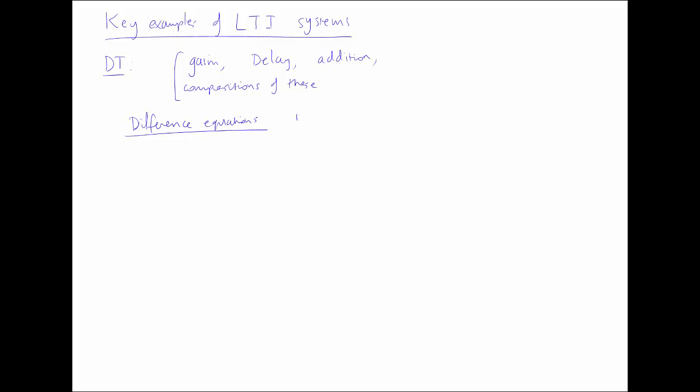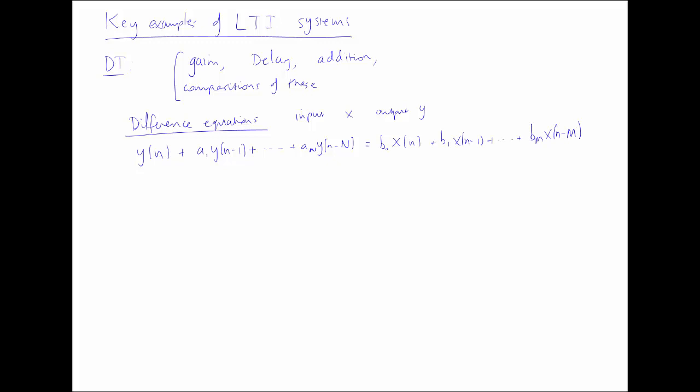These are things with input x, output y, and we have relationships of the form the output and the previous, say, capital N outputs are related to the input and, say, the previous m inputs via some kind of difference equation.